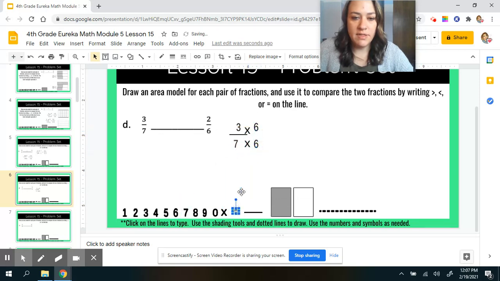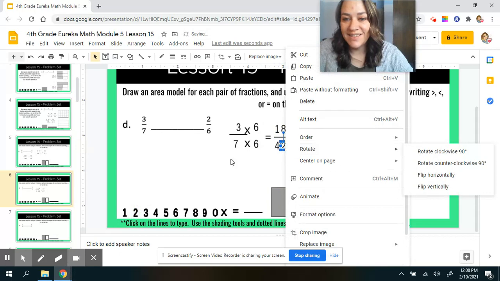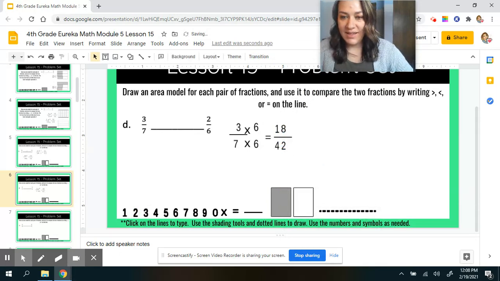So 3 times 6 gives us 18. Basic facts are going to get a good little reboot doing this. 7 times 6 gives us 42. So 3/7 is equivalent to 18/42.